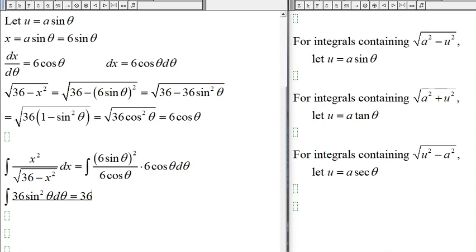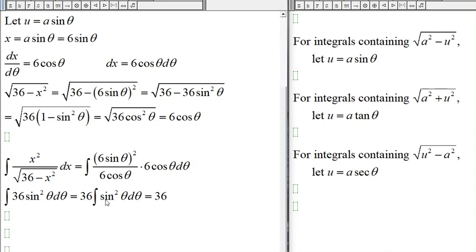And this becomes 36 times the integral of sine squared theta, and we worked this out before.